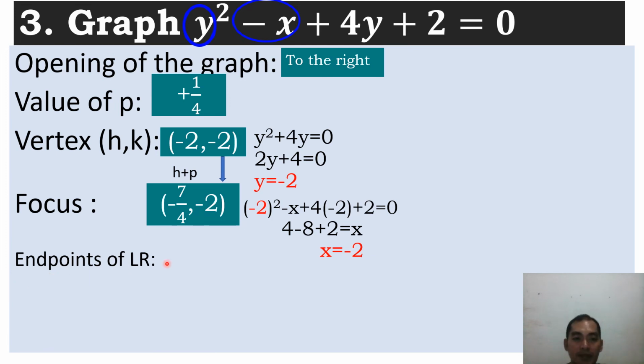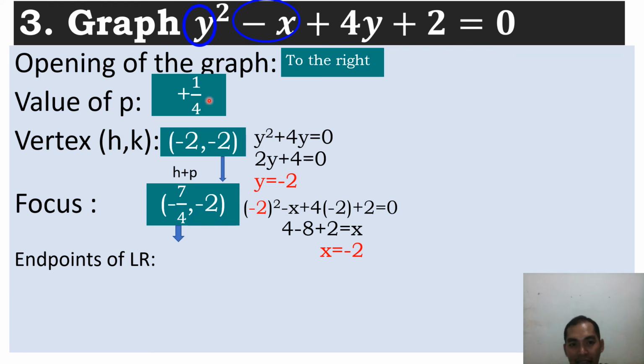For the endpoints of the latus rectum, remember, we copied the y before, here it is x. We copy the x. So, negative 7 over 4, negative 7 over 4. And how about the y value of the endpoints? It's the y value of the vertex plus or minus twice of p. What is twice of p?